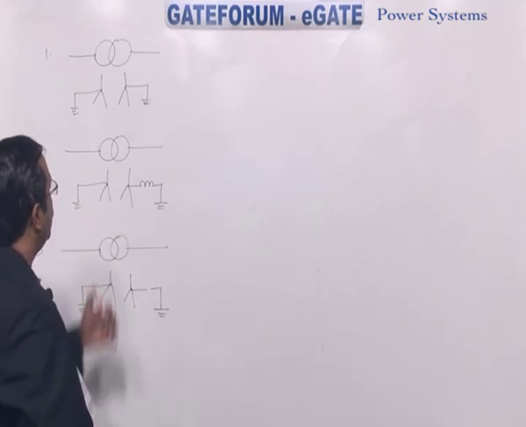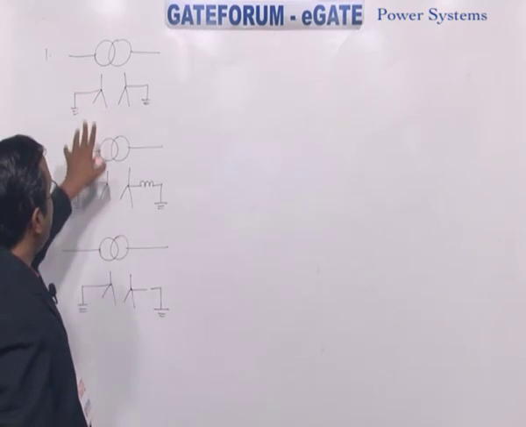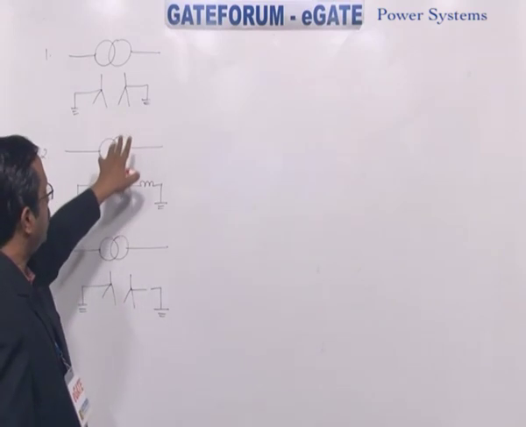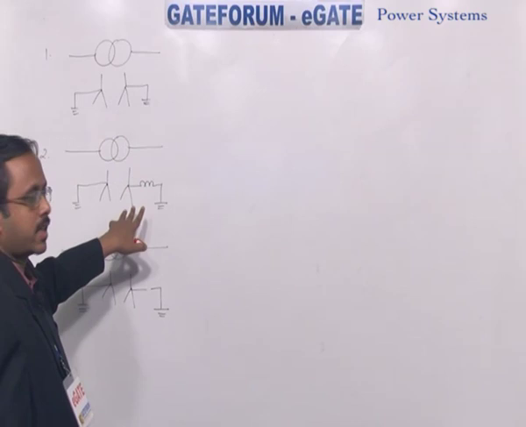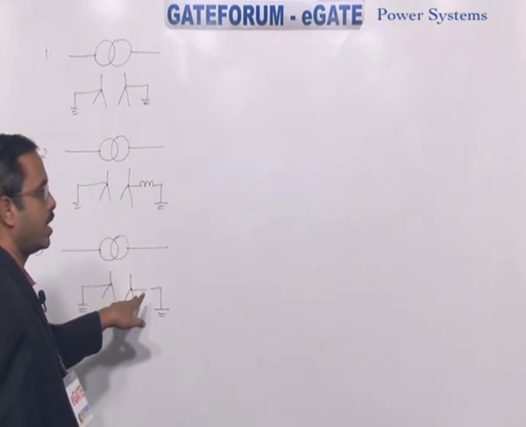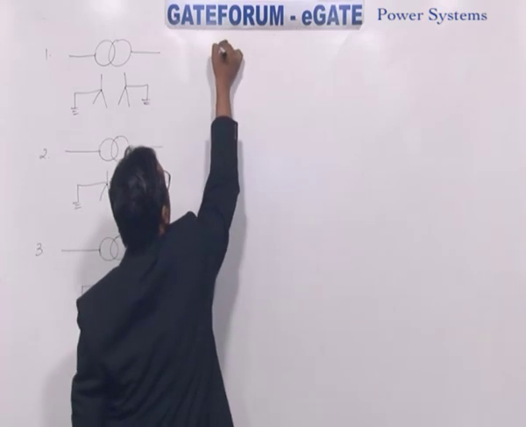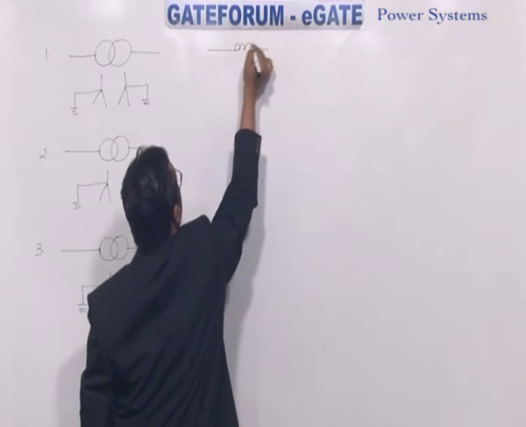So you can observe all the primary windings are solid grounded, secondary solid grounded, here secondary reactance grounded, here secondary isolated grounded. So now we draw the zero sequence network.